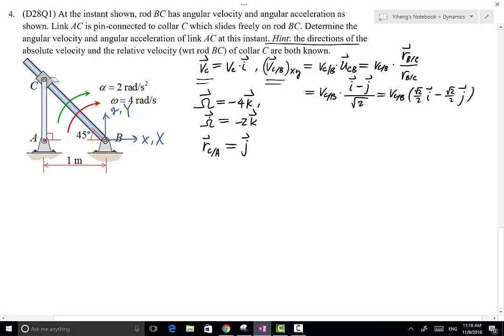And also we're going to need the relative position vector of point C with respect to B, therefore from B to C. So that is RC with respect to B, which equals negative 1 along the x direction, so negative i, and then vertical up by 1 meter, so j.